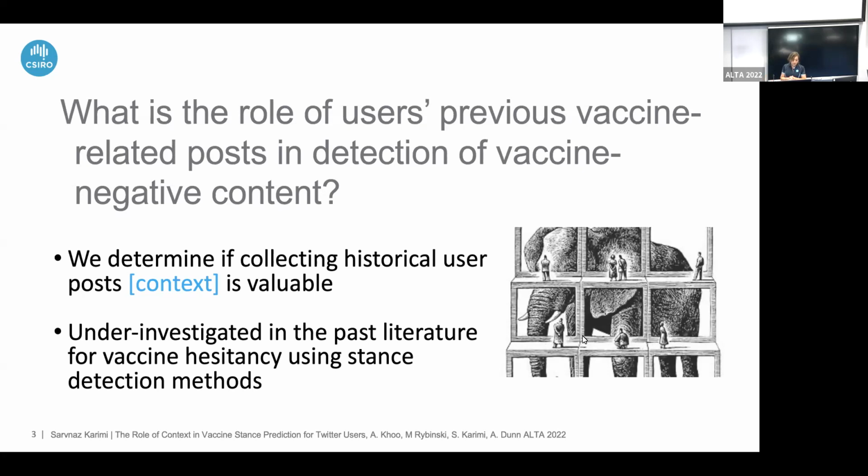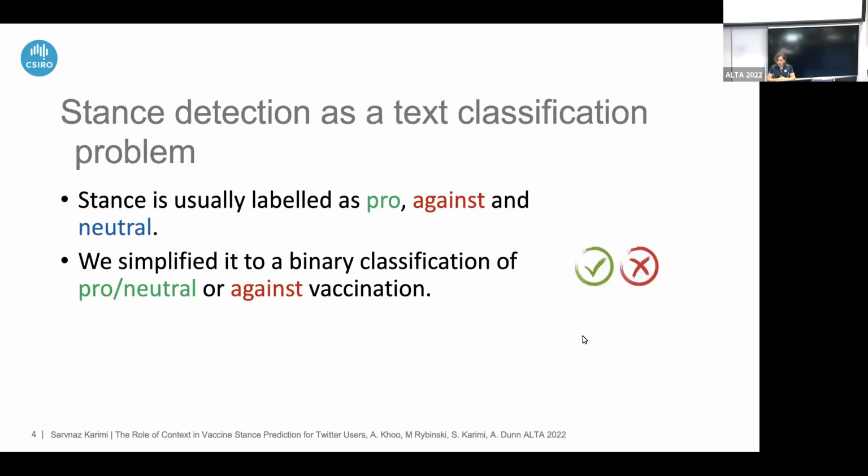But when we were looking at the literature, we realized that there's a gap: very little has investigated vaccine hesitancy detection from a stance detection point of view. So that's what we were working on.